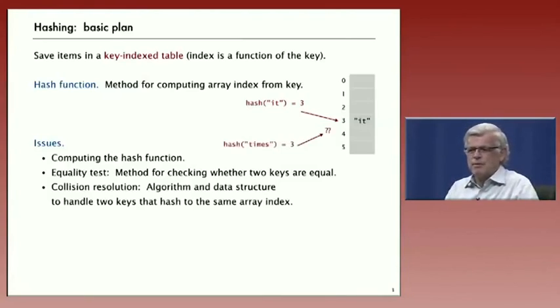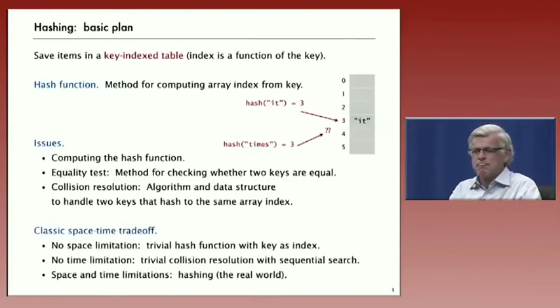And then there's the problem of collision resolution, where since there are so many possible values for a typical data type, we're going to get the situation where two values hash to the same array index. And we need a collision resolution strategy to figure out what to do in that case. These things are not difficult, but they're all worth articulating as separate issues that we have to deal with in order to get an effective symbol table implementation.